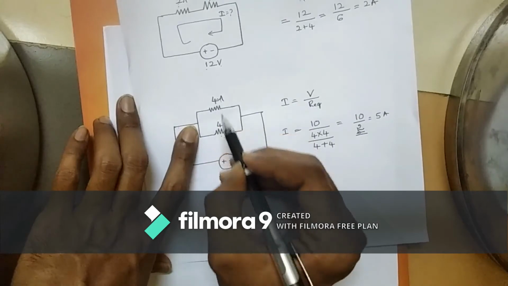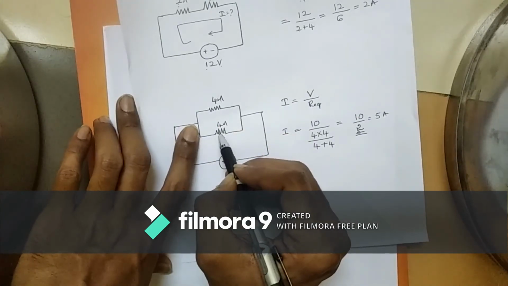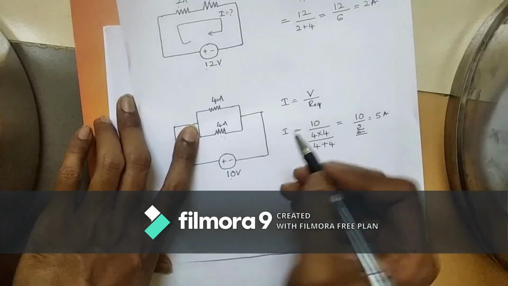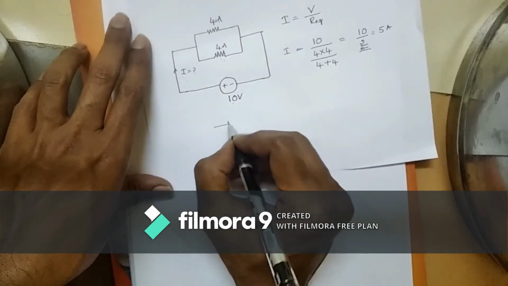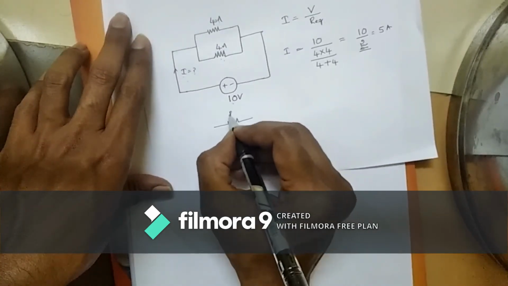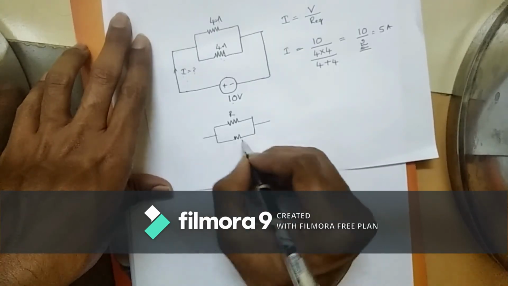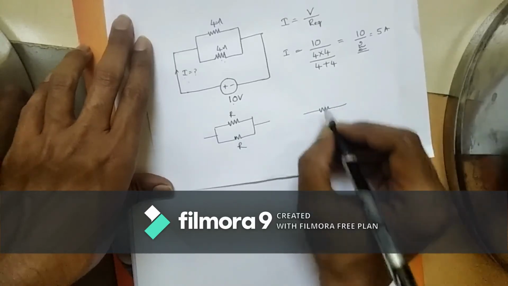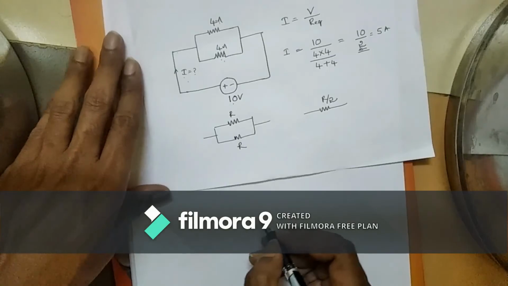Suppose 2 ohm and 2 ohm are connected in parallel, the equivalent resistance will be half of 2, so 1 ohm. In general, if two resistances are connected in parallel and both are equal, then the equivalent resistance will be half of the resistance, R by 2.